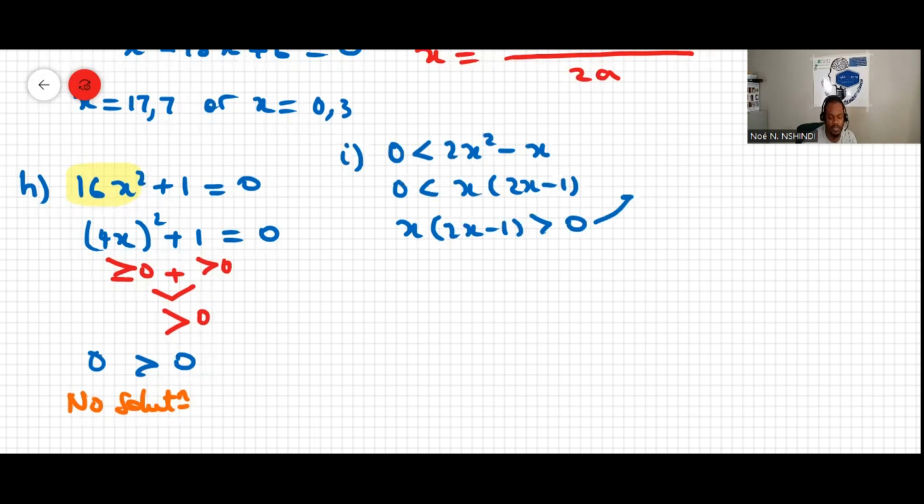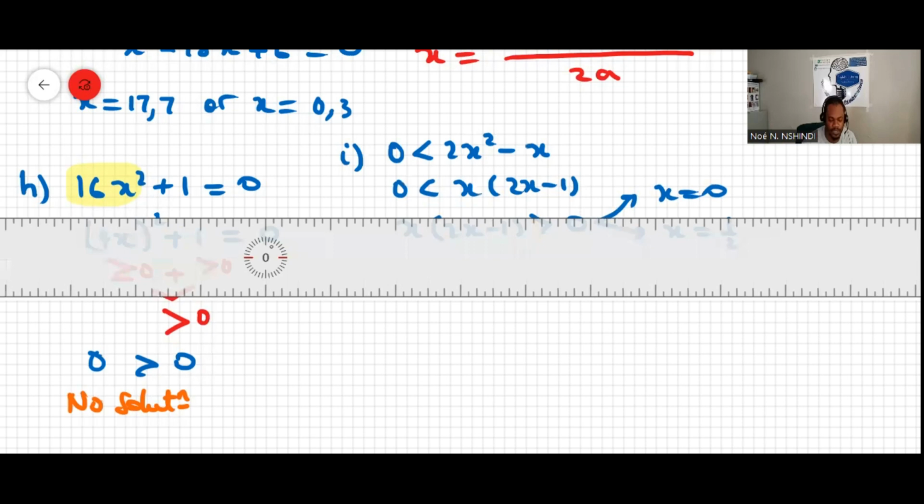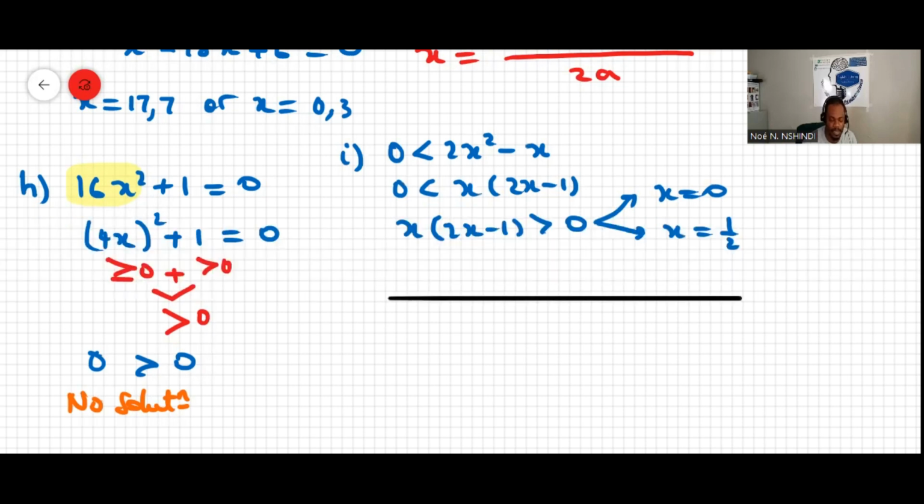Critical values will be x is 0 or x equal to 1/2. Now, those are not the solution, but the critical values. Okay, so to find the solution, we need to draw the number line. I draw my number line here, and then place 0 over there, and then 1/2 over there.